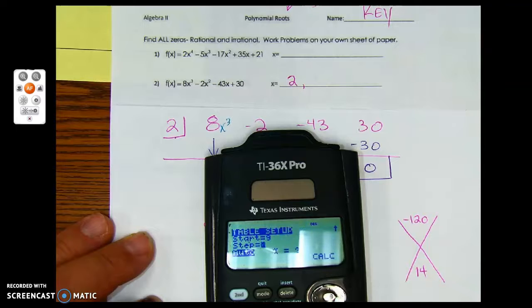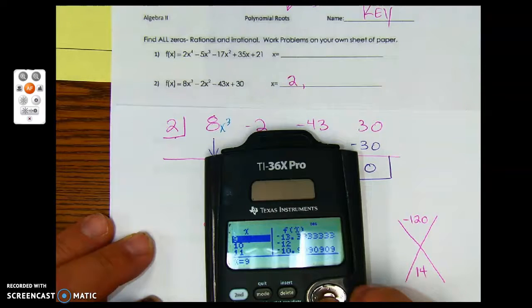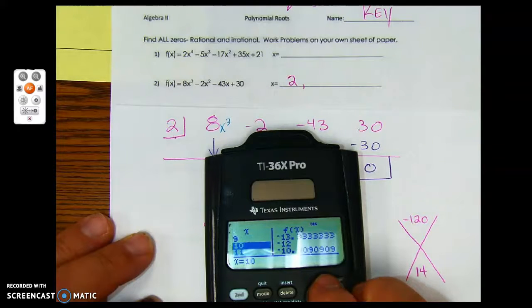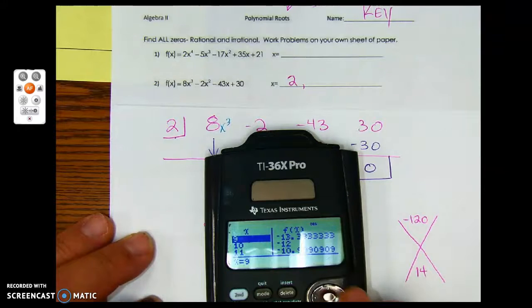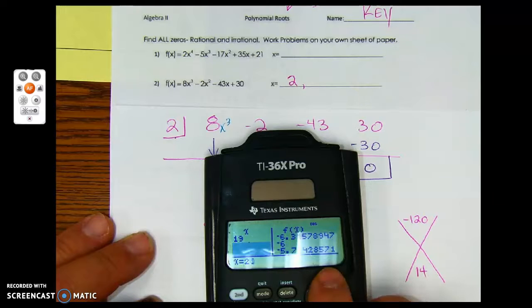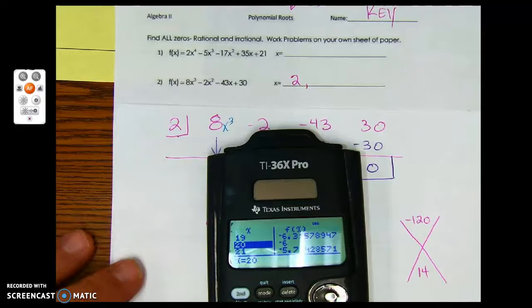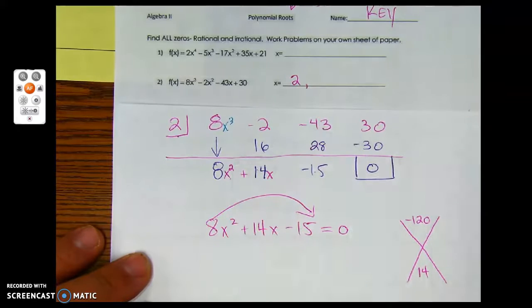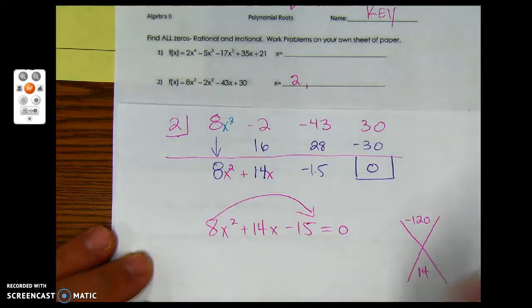Go back to my table. I'm looking for two numbers, x and y, that add up to 14. Those don't. 15 and -8. No, that adds up to 7. Oh. 20 and -6. That adds up to 14. So I've got 20 and -6 as my magic numbers.